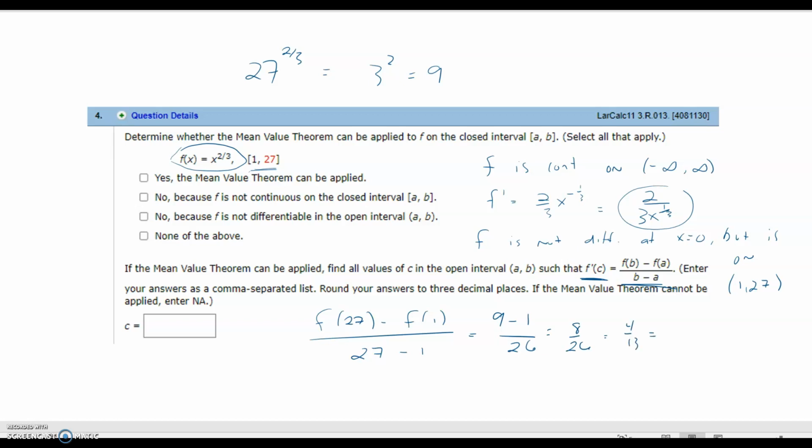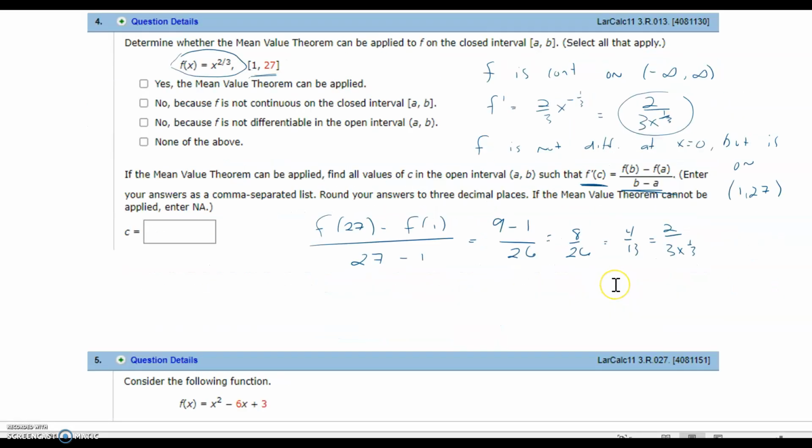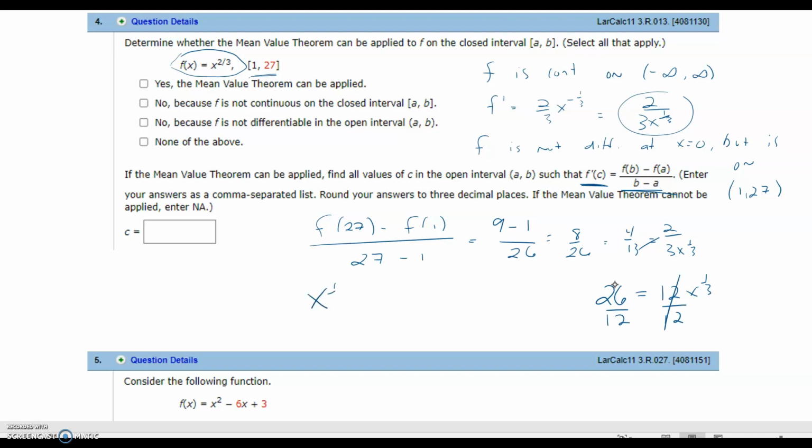I'm going to set that equal to my derivative. Once I do that, I can cross multiply. 26 equals 12x to the 1/3, divide by 12, and I get x to the 1/3 equals 26 over 12, which would be 13/6, and then I would cube both sides.